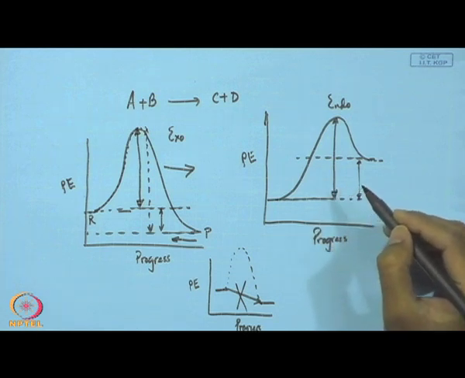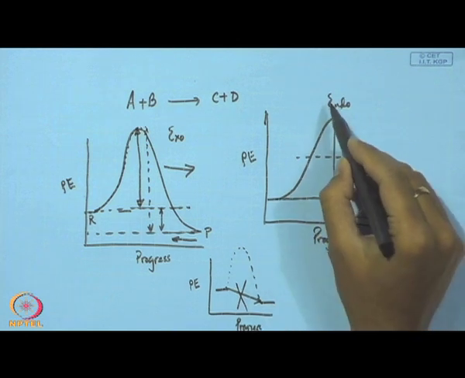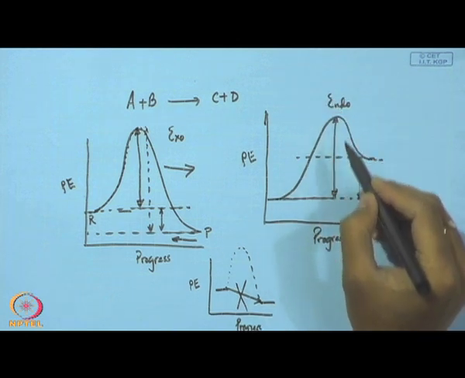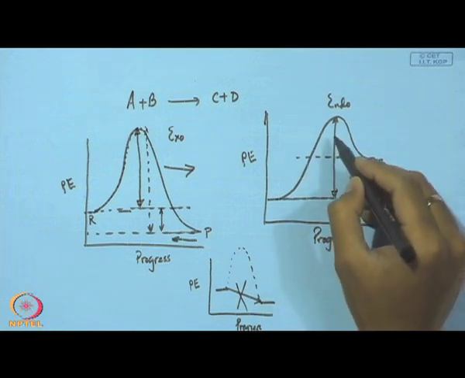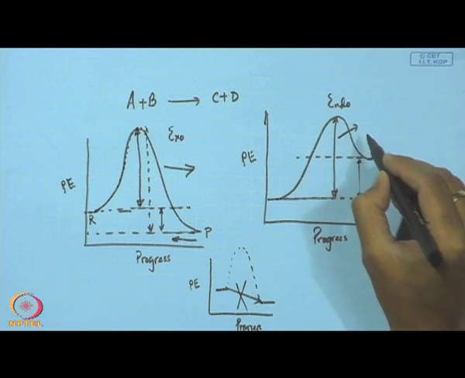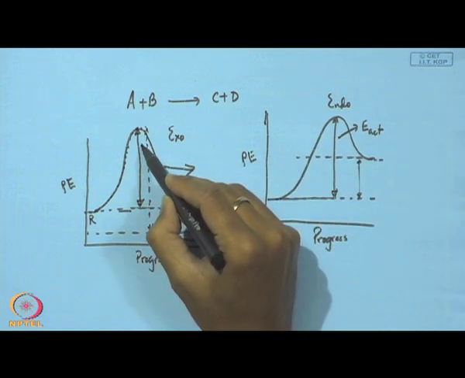So, this is the minimum amount of energy required by the system to cross the barrier. So, this is your activation energy. Again this is also your activation energy.